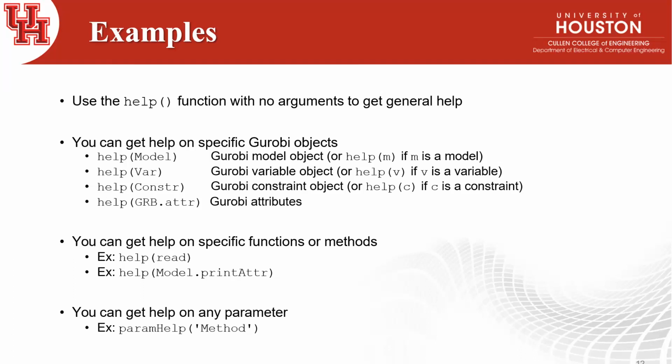But if you want to use them, you can use the help function to learn the meaning of each attribute and parameter. For example, you can call help on model to check what the model object is and what the variable object is, and you can also check what a function or method is, and the meaning of parameters.